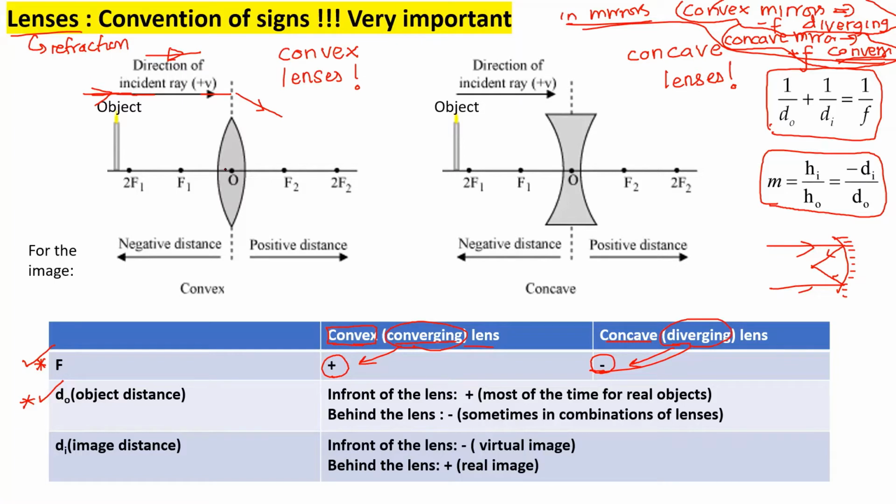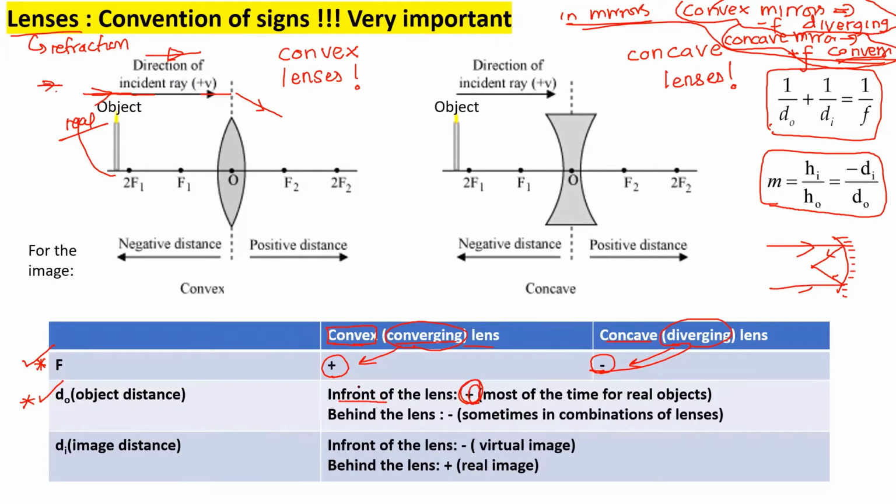So usually, mostly objects are real. Real means your object is in the direction light rays are coming from. See, light rays are coming from this side. So if your object is on that side, it is positive. That is what I meant by in front of the lens.